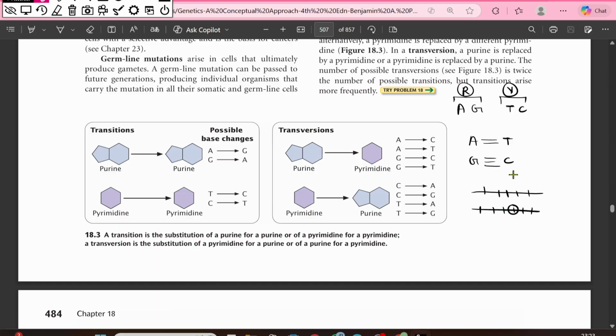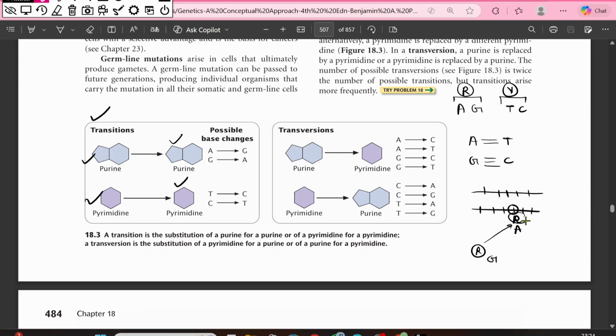Suppose here we have a purine. Now if this purine is replaced by another purine, suppose this is our adenine and now guanine is replacing it, this phenomenon is called transition. So in transition, one purine is replaced by another purine, or one pyrimidine is replaced by another pyrimidine.